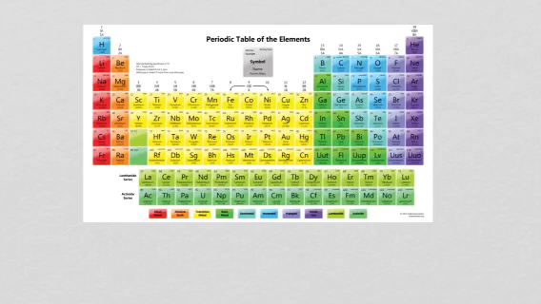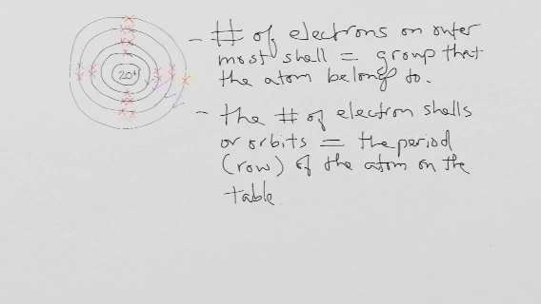Just look at the table. There are 2 elements in the first period, correct? We've got our hydrogen and our helium. Are we all in agreement? Oh, wait a minute. Let's go back here. How many electrons can go in the first actual orbit? What is the max number?